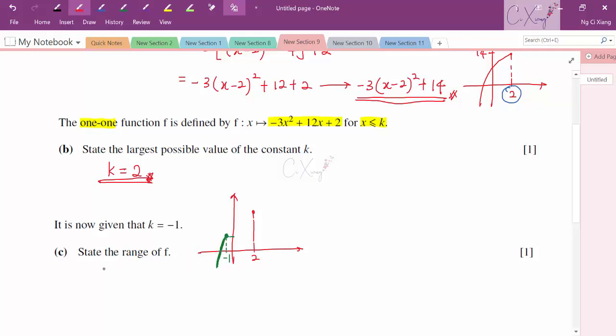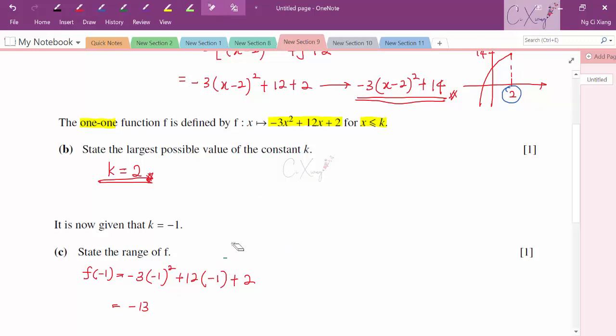So we can try to substitute negative 1 into the function f. So we have negative 1 in the original function, and that's why we get the value negative 13. Since this is negative 13, maybe the diagram that I drew is a bit off. So the graph might look something like this.